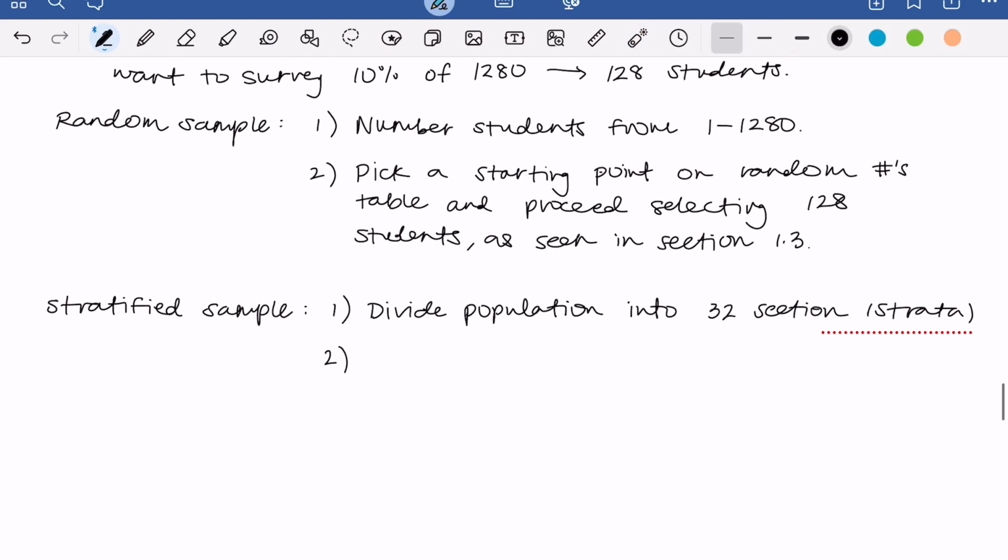So let's write that down here. We know the class sizes are similar, so we can randomly select 4 students from each section.